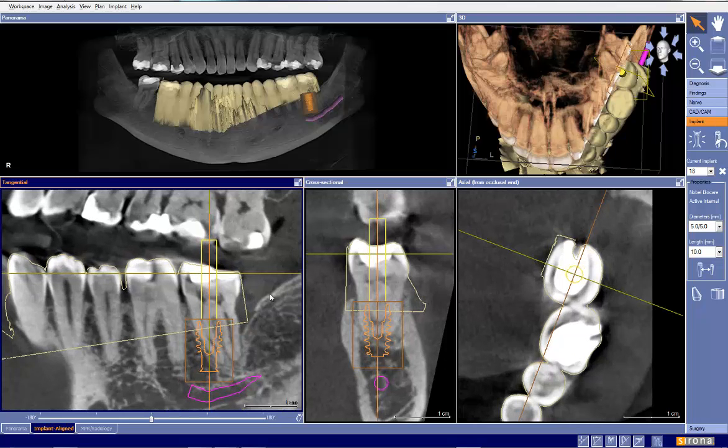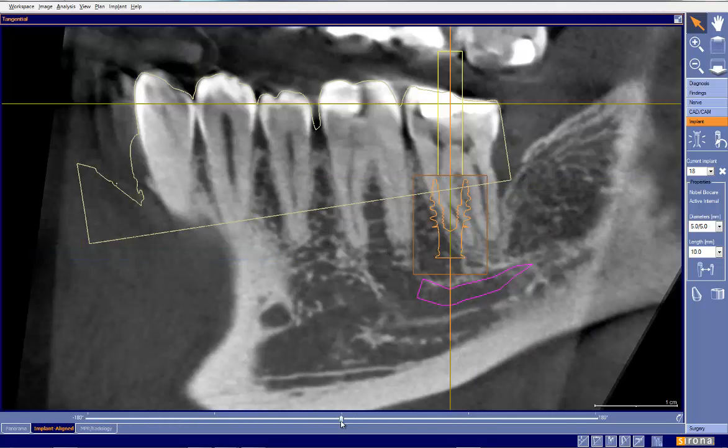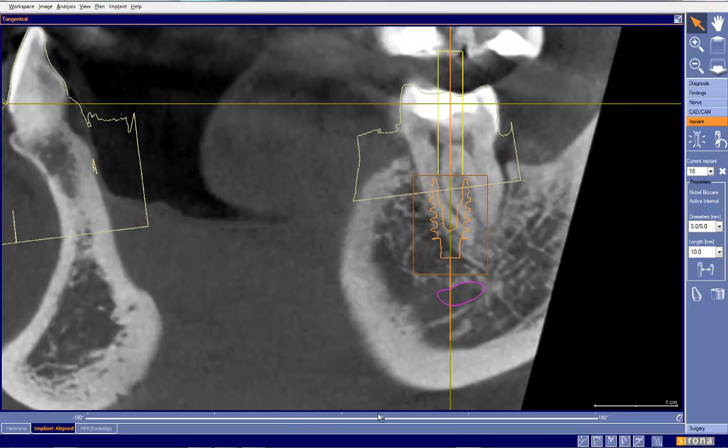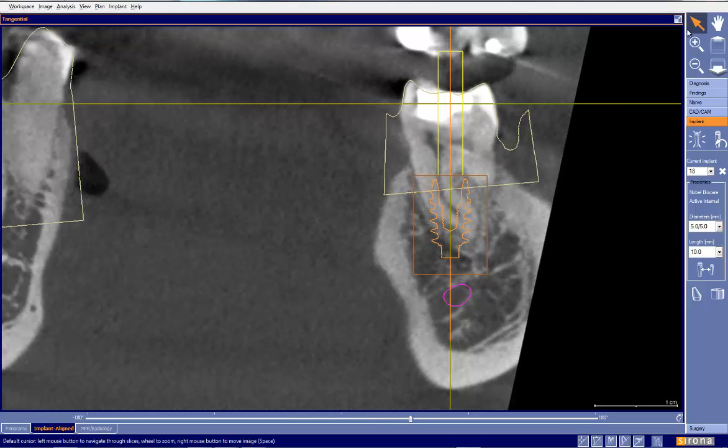Now when I start doing this, we can start seeing that we're getting more and more fresh bone here to place this implant into. In fact, if we take a closer look at it, we have 1, 2, 3 threads in fresh bone on the mesial. So it looks pretty good that way.